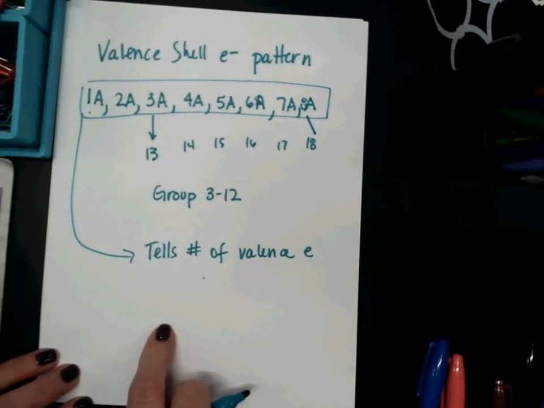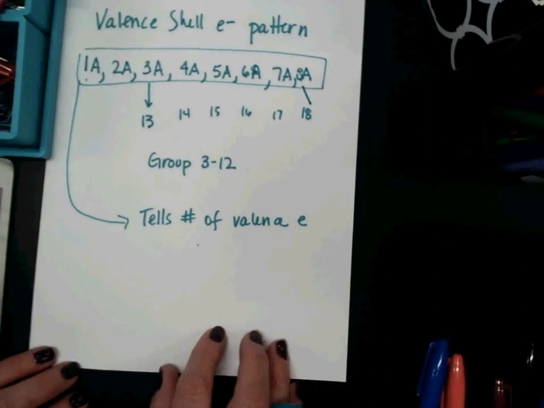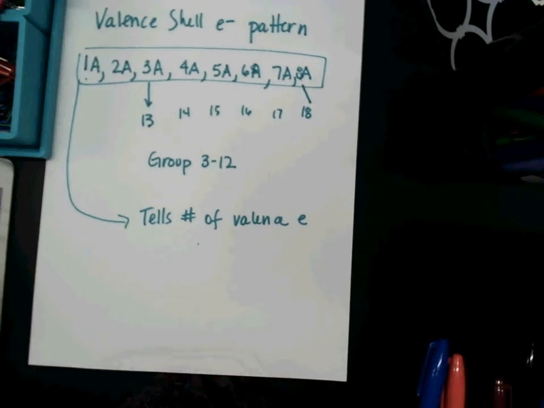So our periodic table gives us a nice key as to how many valence electrons are in the outer shells of the elements, and that makes it a little bit quicker when we're doing Lewis dot structures or when we have to show them quickly or just think about it quickly.